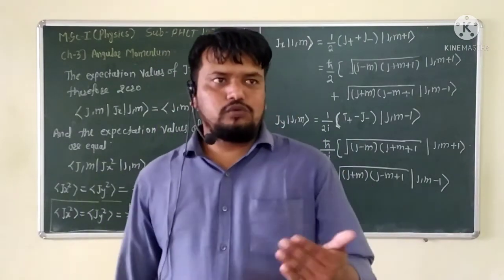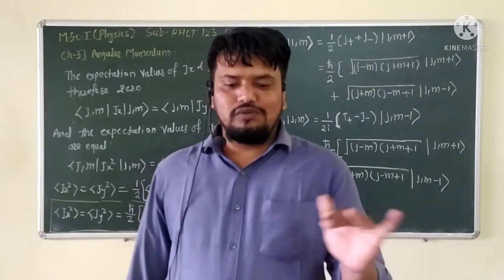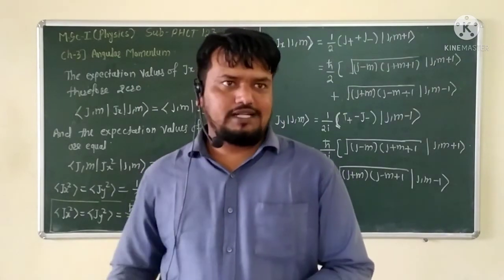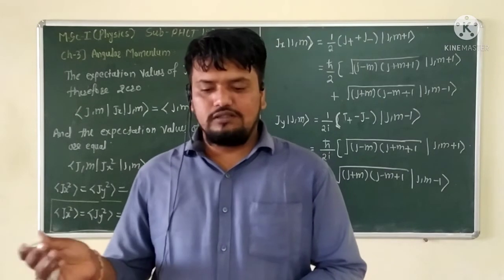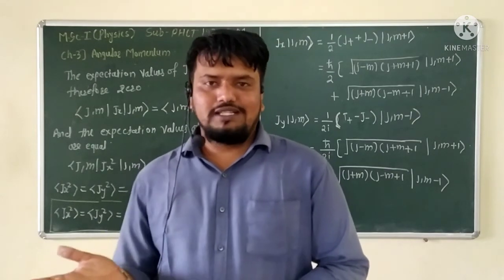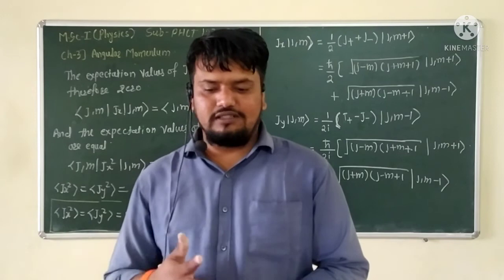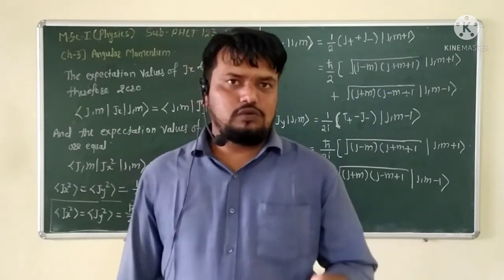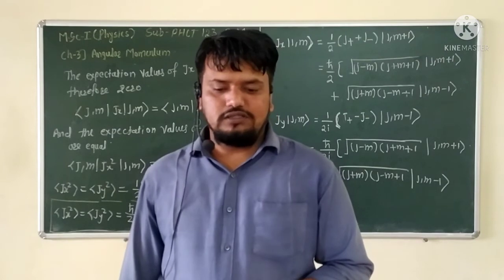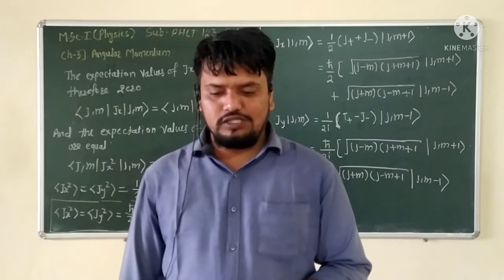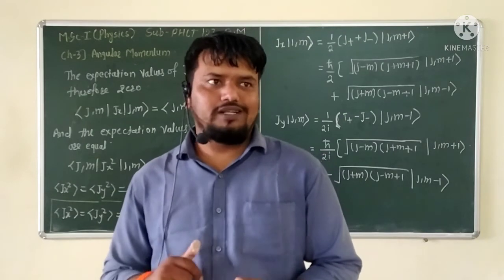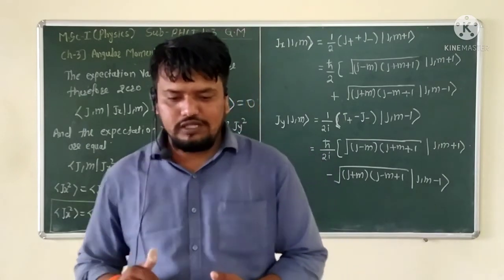The small concept we want to see here is, if we calculate Jx square and Jy, what is the commutator relation of Jz square and Jy, and then we have to see whether J comma M, Jx square, J M are equal or not, and how it is equal.